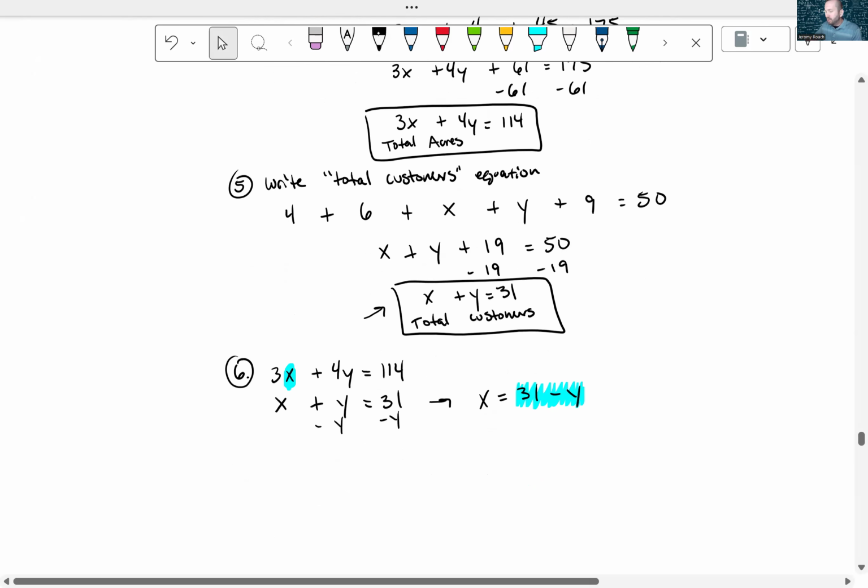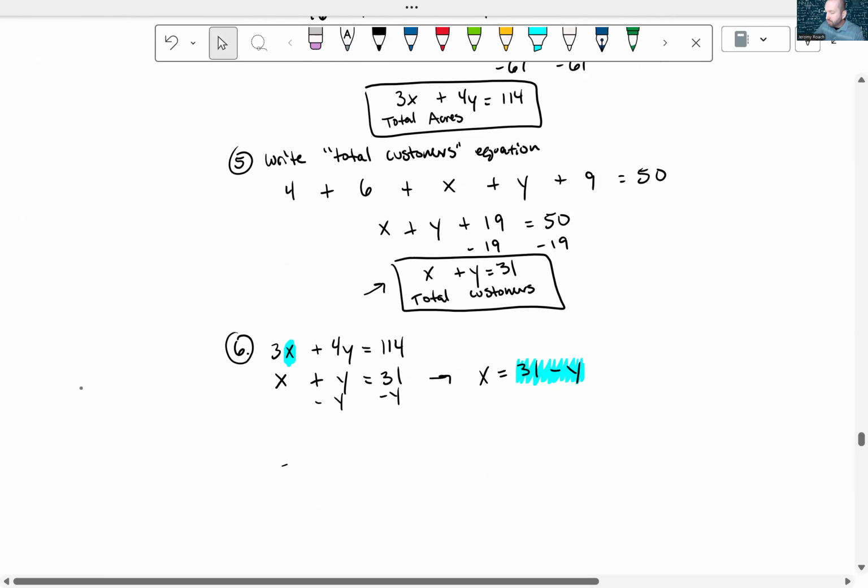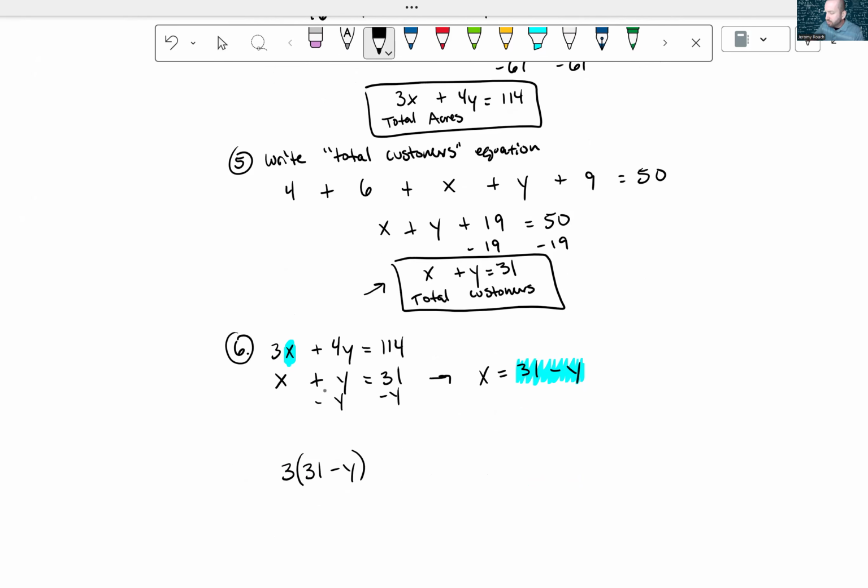So when we plug that in, we now have 3 times 31 minus y plus 4y equals 114. So now this becomes 93 minus 3y plus 4y equals 114.